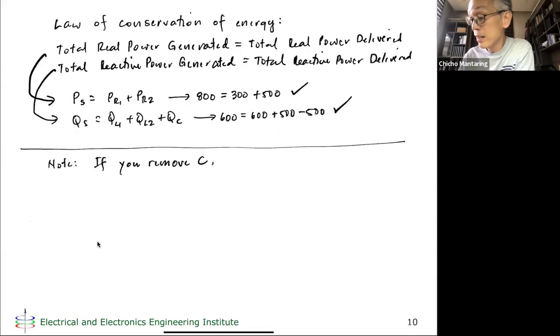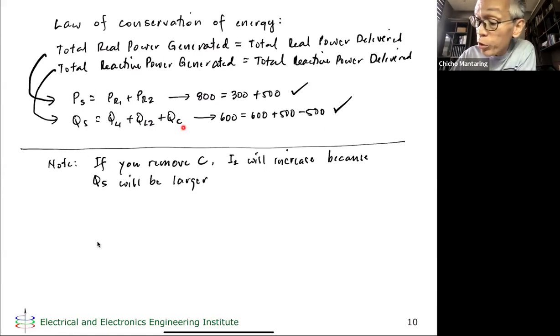Why? Because Q of S will be larger. Because this Q of C will disappear. You see this term here, the value of that is negative. This will disappear. So your Q of S will be larger.